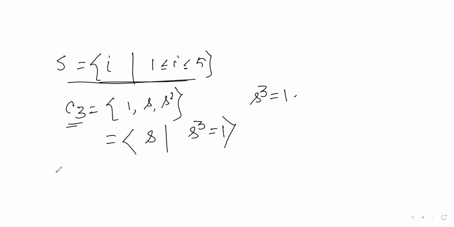So this is the introduction. Now I am going to introduce the order of an element of a group. That's why I bring this thing in front of you, that S3 is my identity.